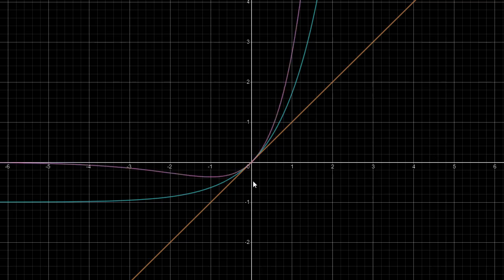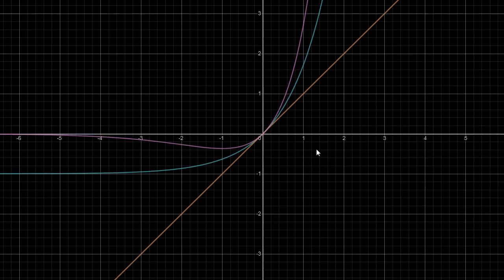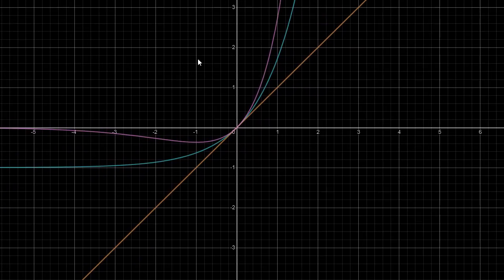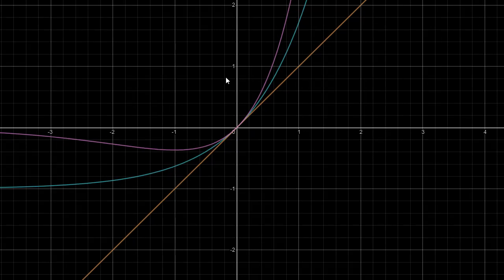And here's x e to the x. As we can see, that is greater than e to the x minus 1. So e to the x minus 1 is trapped between these two functions for their whole life, but especially close to 0 where we're looking.